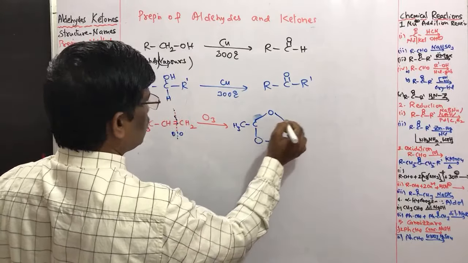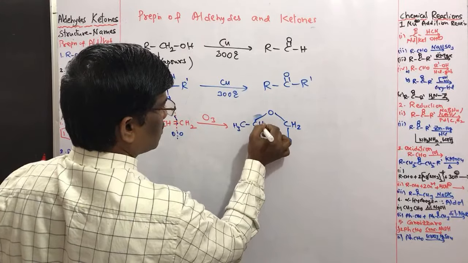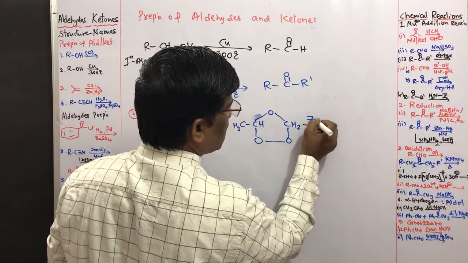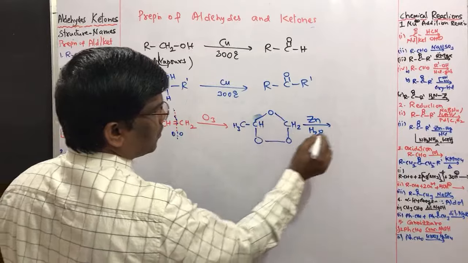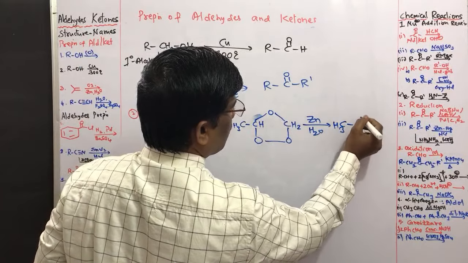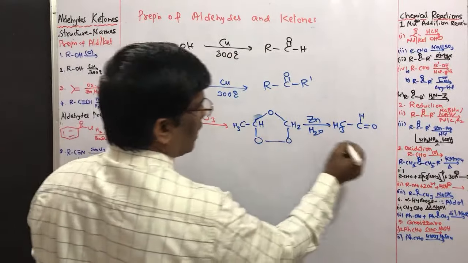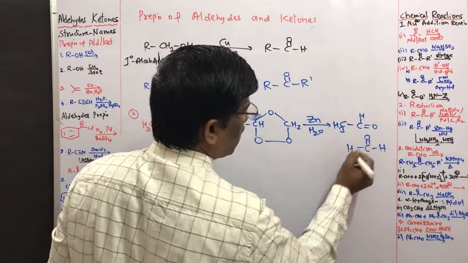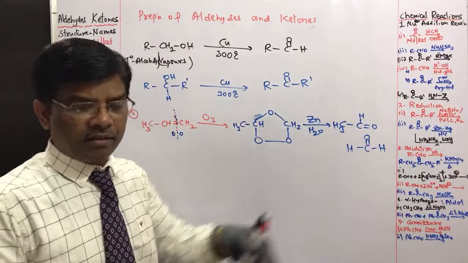Yes, so ozonide, and when we treat it with zinc and water, it is going to give carbonyl compounds. This is acetaldehyde when I take propene, and on this side it is formaldehyde. What is the common name of this formaldehyde? Methanol.